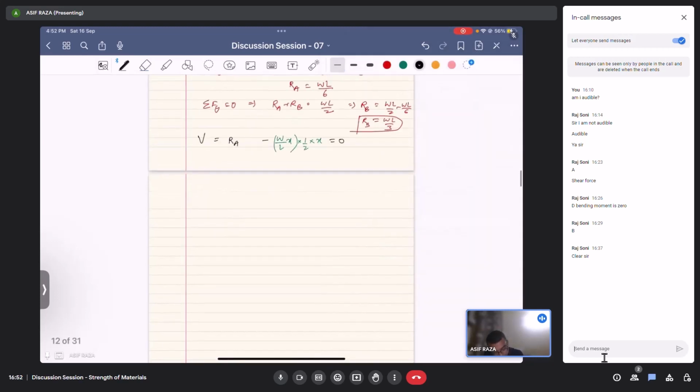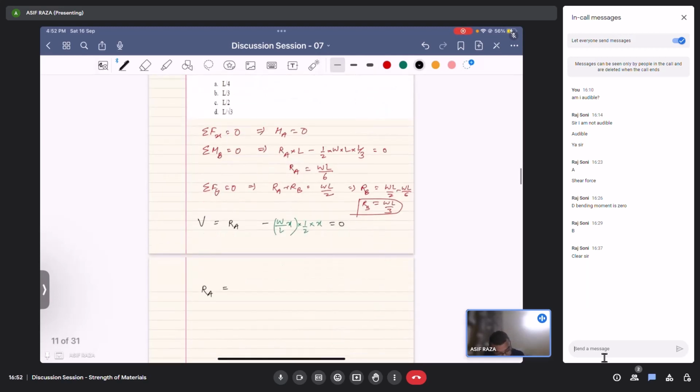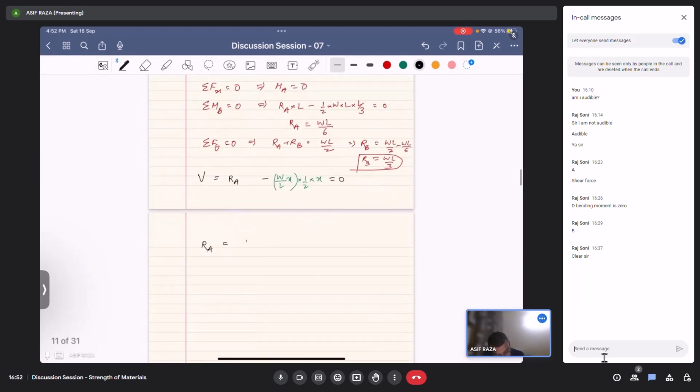So we have RA equal to W x square by 2L.